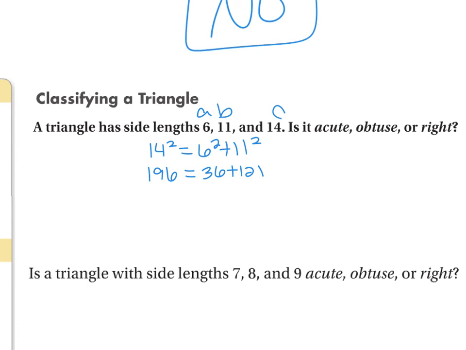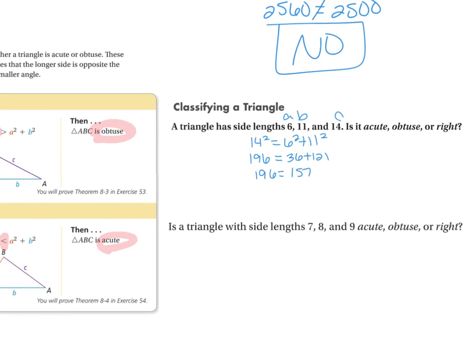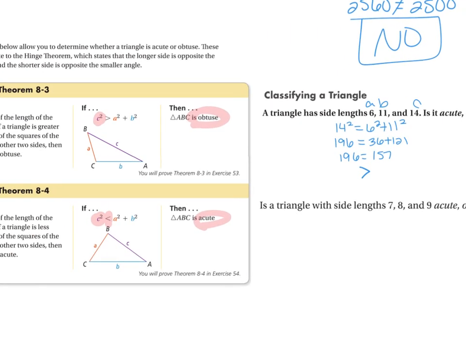We're going to add on the right. So that would be 196 equals 157. Are they equal? No, so it's not a right triangle. 196 is greater than 157. Since it's greater than, it will be an obtuse triangle. If it was less than, it would be acute.